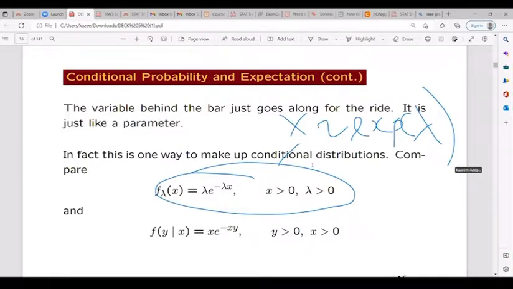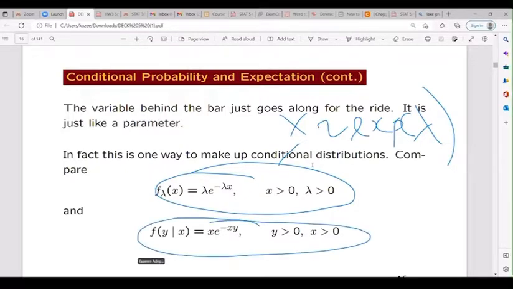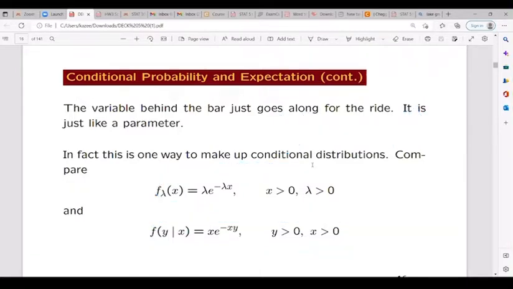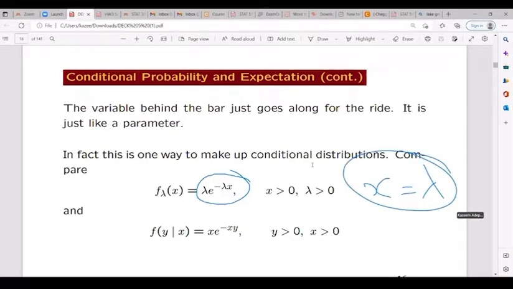But this is the way the conditional is written for the exponential, f of y given x. You are plugging in x for lambda.